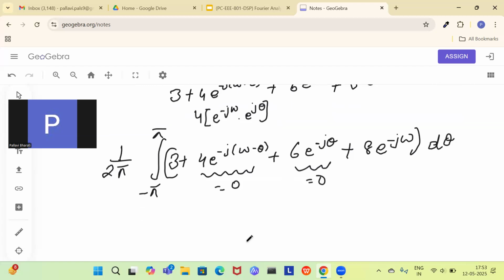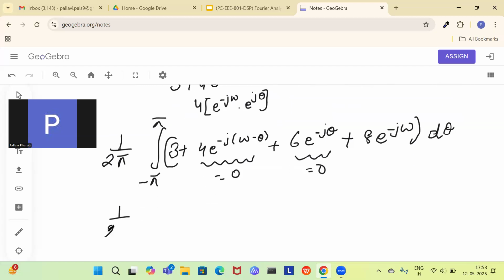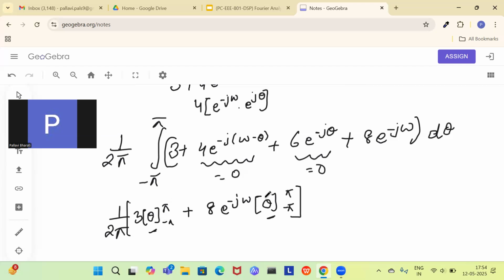So let us see what happens. 1 by 2 pi, you have 3 theta going from minus pi to pi, and 8 e to the power of minus j omega, and again theta going from minus pi to pi. So basically you have 2 pi in both places. If you take out those 2 pi's, it cancels with the 2 pi downward, and what remains is 3 plus 8 e to the power of minus j omega.